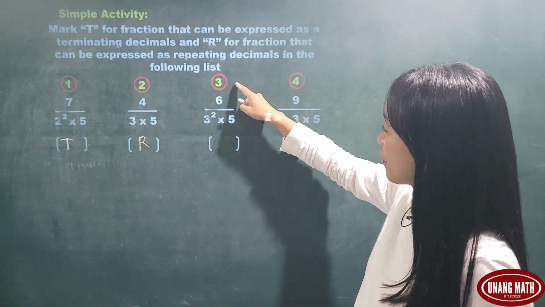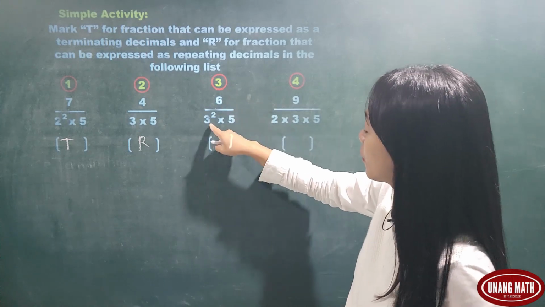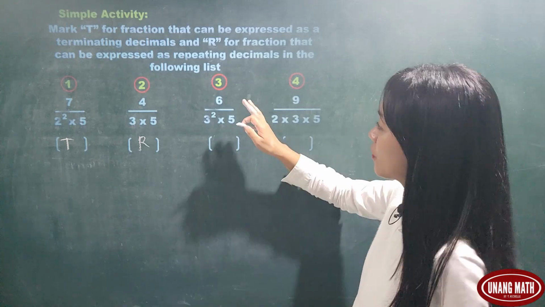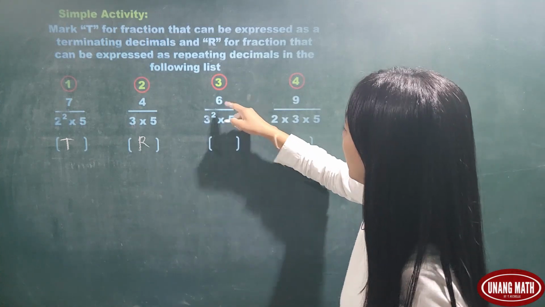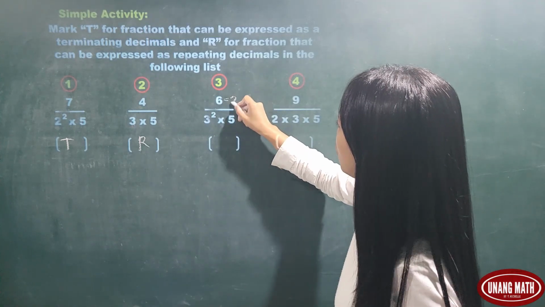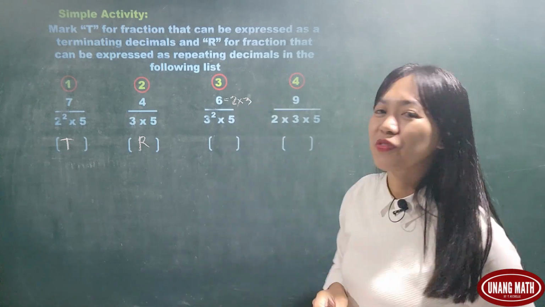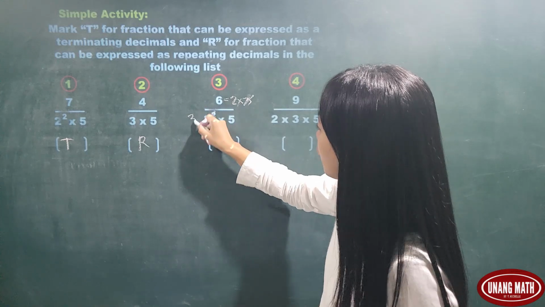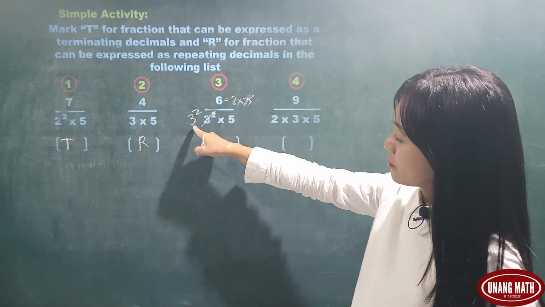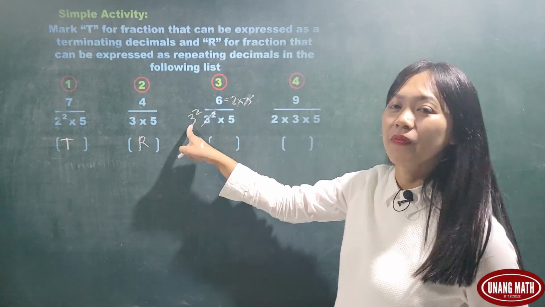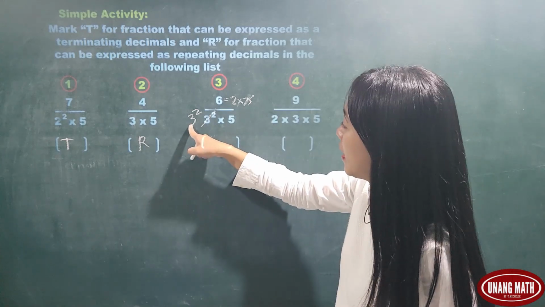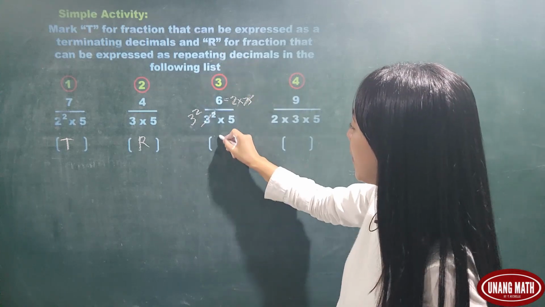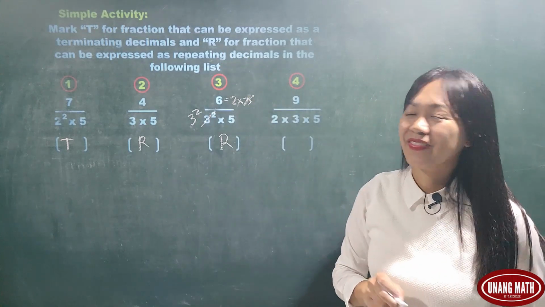Let's go to number 3. 6 over 3 squared times 5. First we have to simplify this one. 6 is 2 times 3. If we simplify, we still have 3 squared here. Since we have the prime factor 3, this is a repeating decimal.